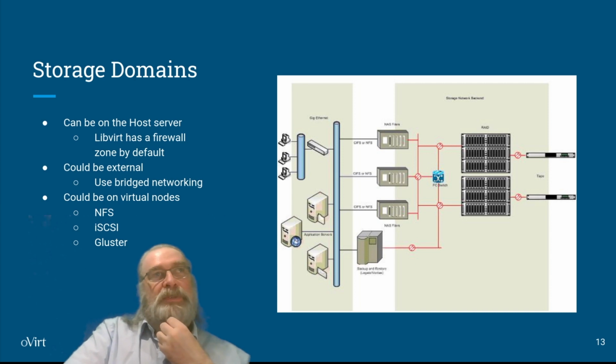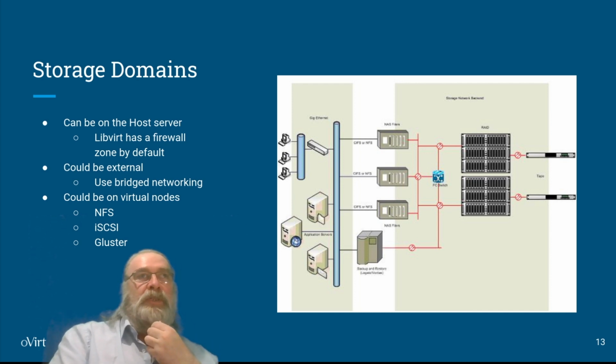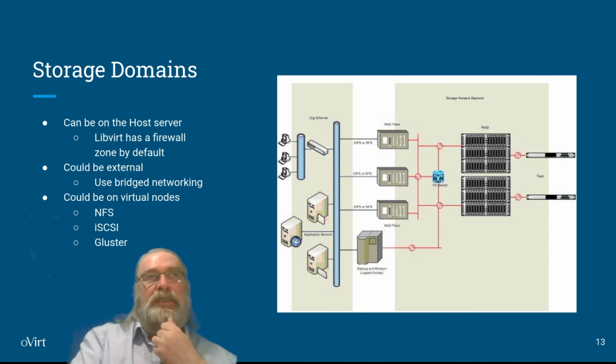So when we're setting up storage domains in oVirt, we could set them up on the host server, the one that's hosting the VMs and libvirt. So you maybe set up an iSCSI connection from the host itself, or network file system storage. But one of the things to note is libvirt by default has its own firewall zone.